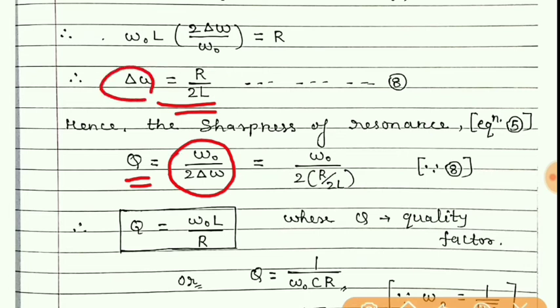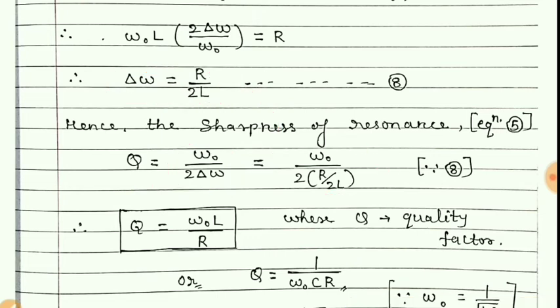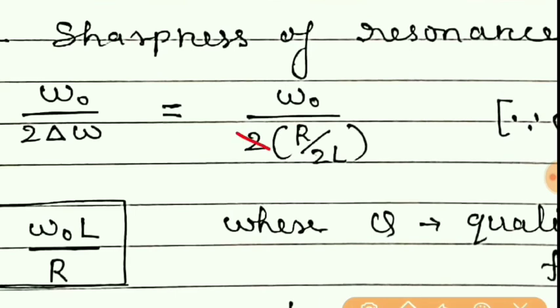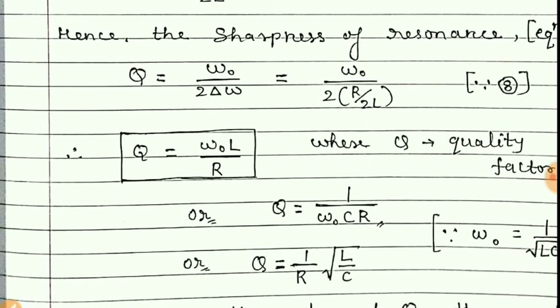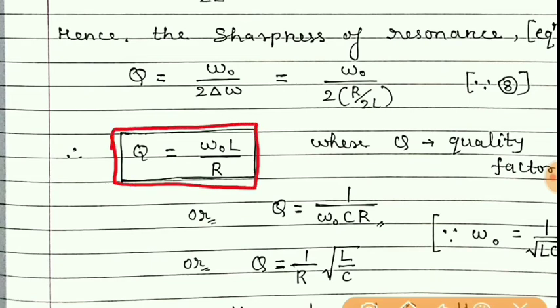Putting the value of delta omega here, we will get the next term. Here this 2 will cancel and this L will move in the numerator, and so we will get Q is equal to omega naught L upon R.